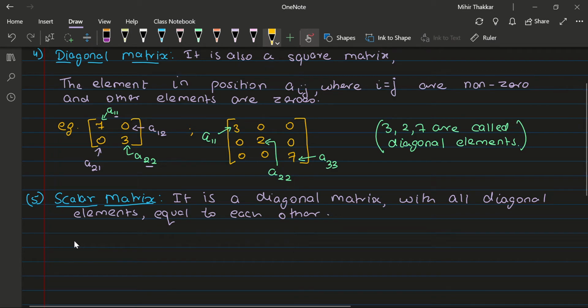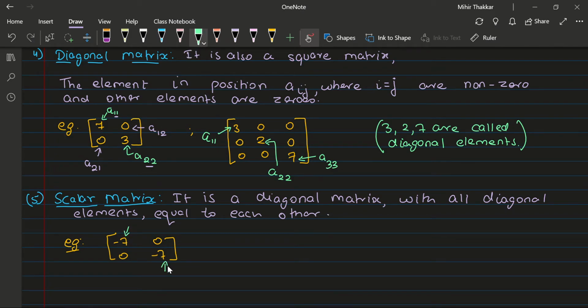So once again, let us take some example. Suppose I take -7, 0, 0 and -7. So over here, these are the diagonal positions, diagonal elements. The diagonal elements are non-zero numbers, whereas the other elements are zeros. According to the condition of the scalar matrix, all the diagonal elements are equal.